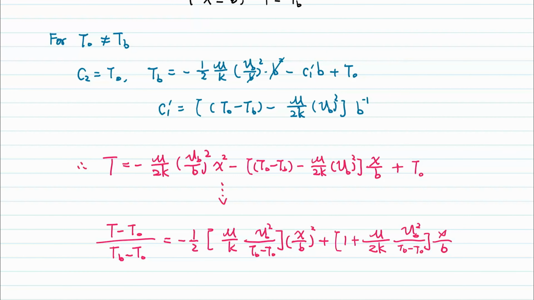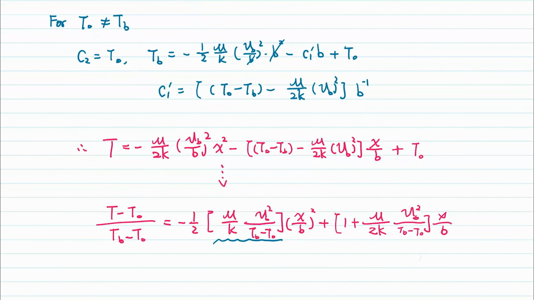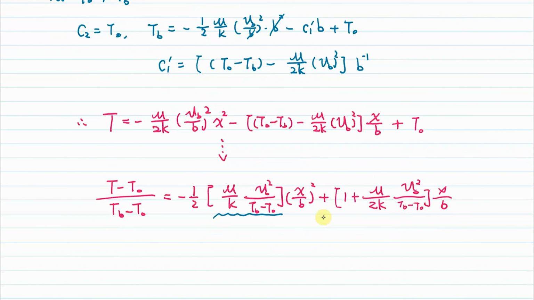Okay, so in the final format, you can see that there is a number that keeps showing up, which is this thing here in the bracket. This is called the Brinkman number. It's a dimensionless number, defined as mu vb squared over k times (Tb minus T naught).